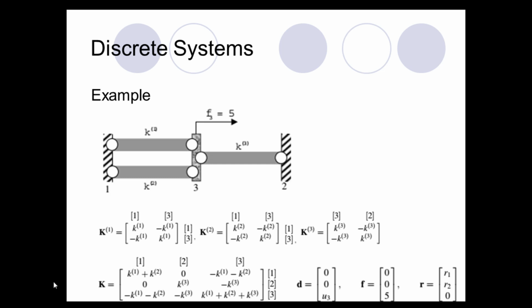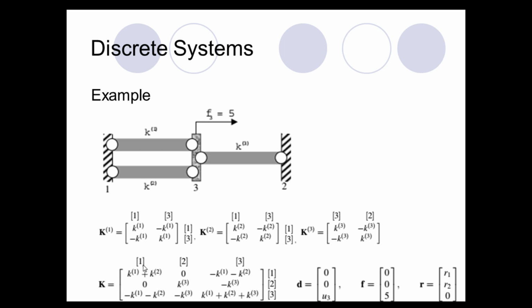As a result, this column is associated with the node 3 in the global system, and this column is associated with the node 2 in the global system. Identically, this row is associated with the node 3, and this row is associated with the node 2. So this is 3 2 and 3 2.